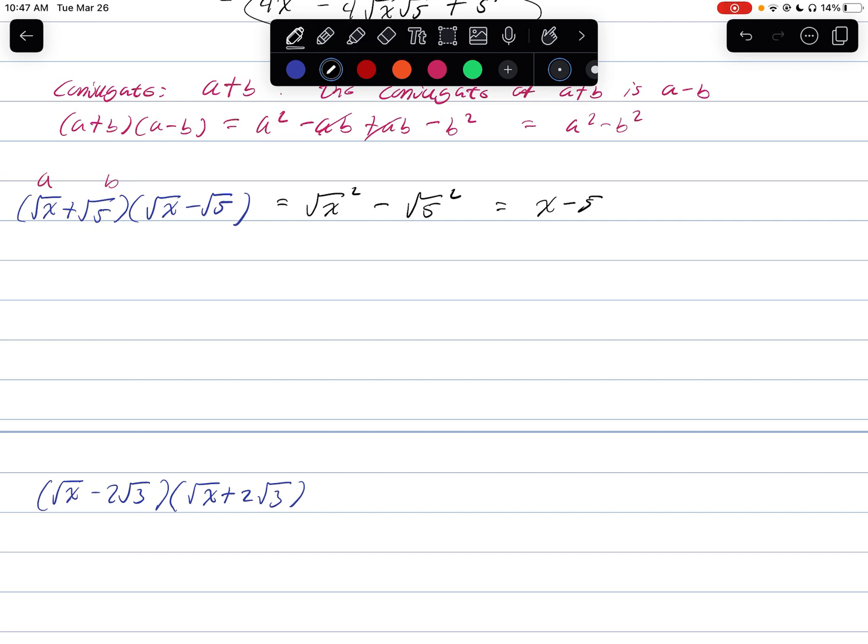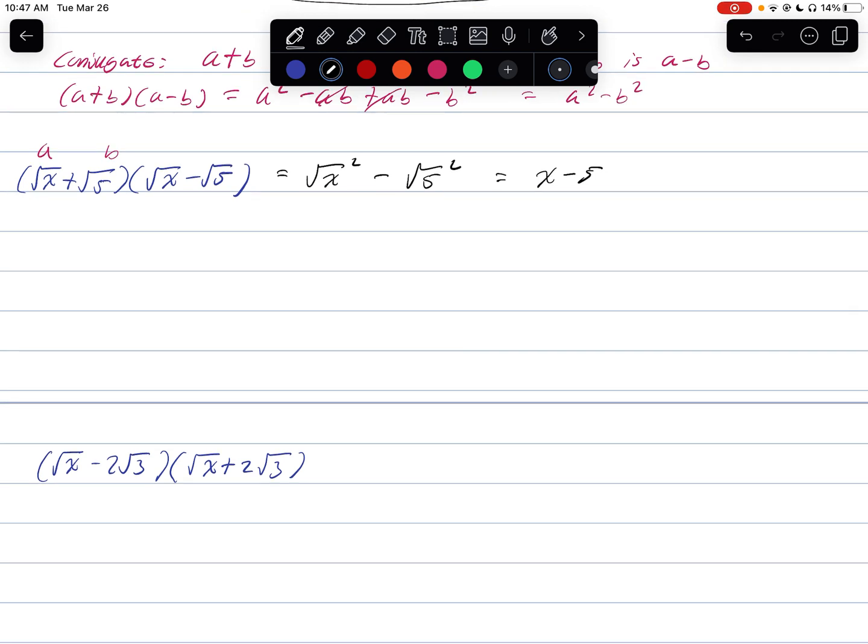And if you want to see that this actually works in practice, you think, that can't be that simple. It is. Let's actually go through the process here. If we did our FOILing, we would have the square root of x times the square root of x, okay? And then if we do our outers, we'll have the square root of x times the square root of 5. Then our inners will have the square root of x times the square root of 5.